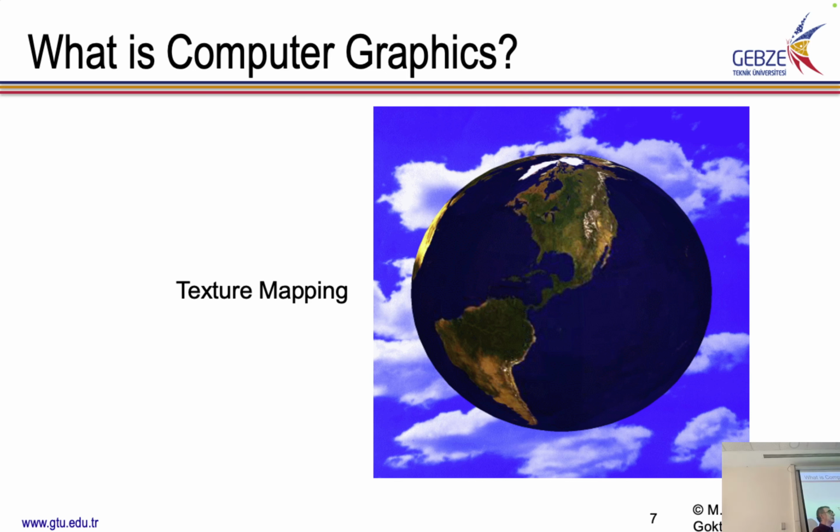In games, those who play games are probably familiar with the term texture mapping. All objects are texture mapped with the predefined textures rather than modeled, because modeling is more computationally intensive. So this is a tricky way to make people believe that it is real world. It is not. It is a sphere with an image on top.